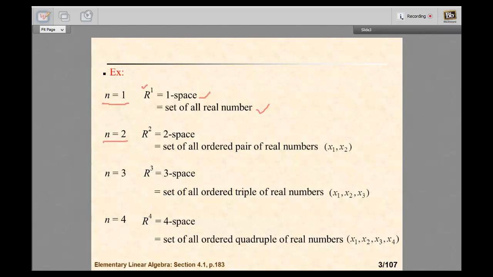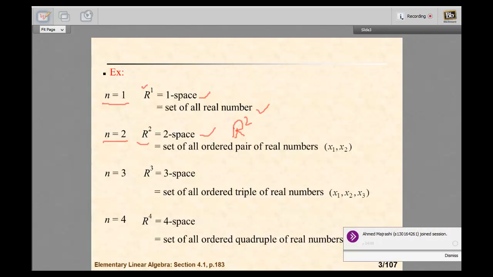Similarly, if we are talking about R squared, it means two space. Most of the time we write R in a slightly different way from the normal R, a little tilted R, or in a bold manner. It means we are talking about the second space.